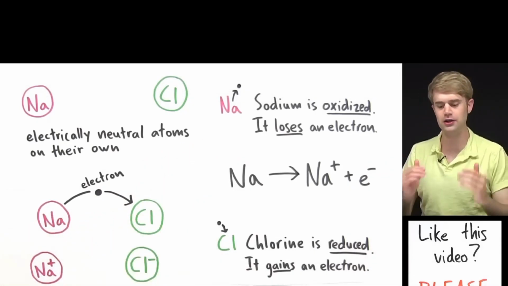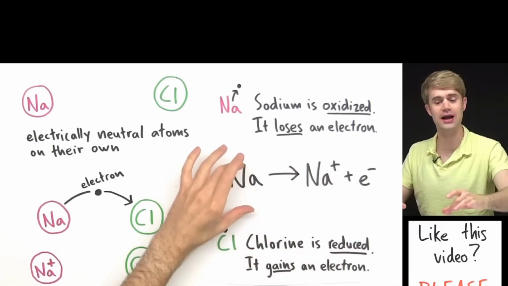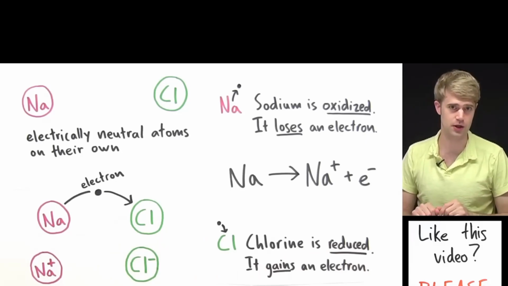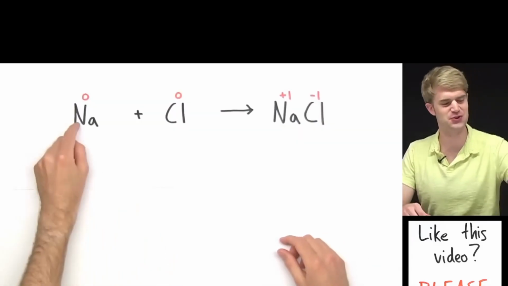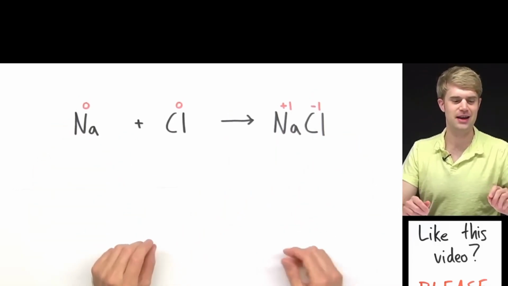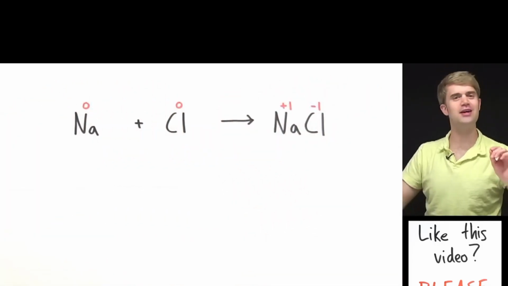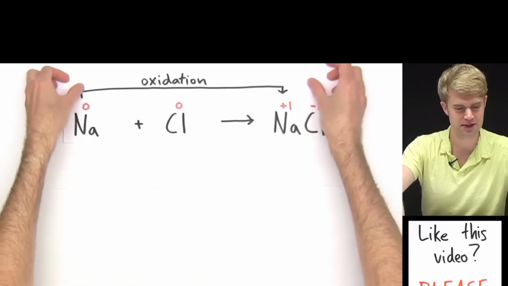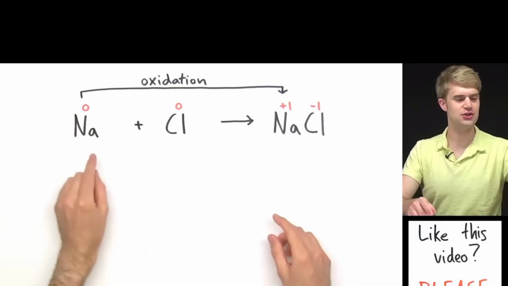Now I want to talk a little bit more about these two reactions and how we can combine them to make a larger, bigger picture equation. Here's our big picture reaction for sodium and chlorine coming together to make sodium chloride. Now, this reaction here really has two processes going on within it. One of these processes is the oxidation of sodium.